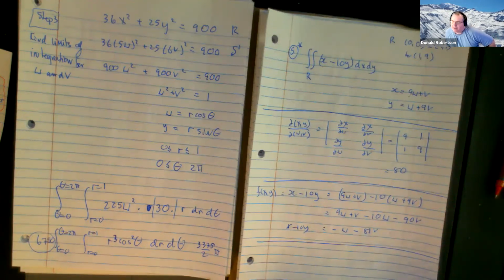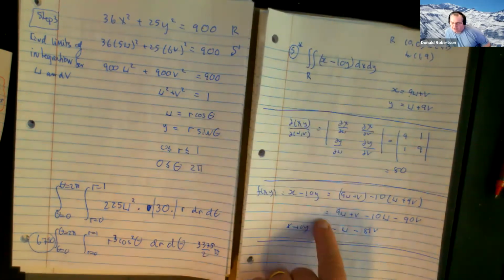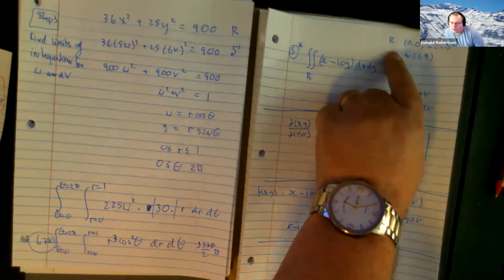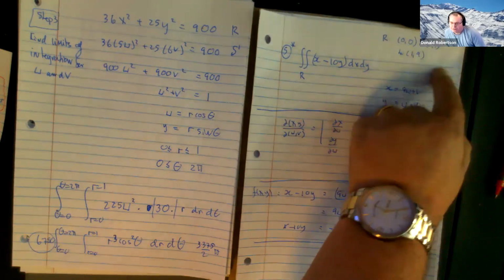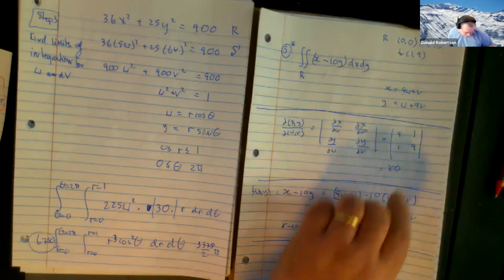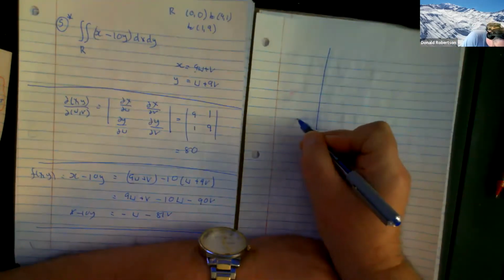So far, so good. Right, I'm basically finding the Jacobian, turning this into u's and v's, not very pretty. Now we're going to work on what this looks like in terms of limits of integration for u and v. It's pretty visual, so I'm going to draw a basic sketch.